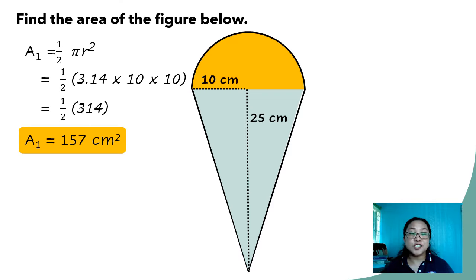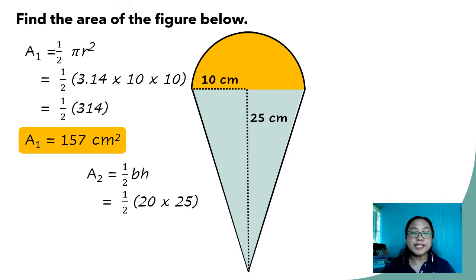Let's now have the lower part of our figure. This figure is a triangle, and the formula for finding the area of a triangle is area equals 1/2 the product of the base and the height. The base is 20 centimeters long, and the height is 25 centimeters. But why do we have 20 as the base? You see, the radius in our figure is 10 centimeters, and it is just half the base.